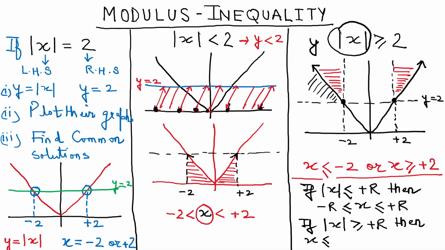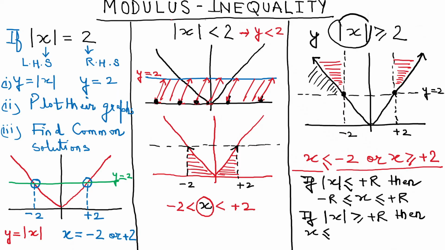One side we are saying x is less than or equal to -r, or x is greater than or equal to +r. So if modulus x is greater than or equal to +r, then we can say that x is less than or equal to -r, or x is greater than or equal to +r.